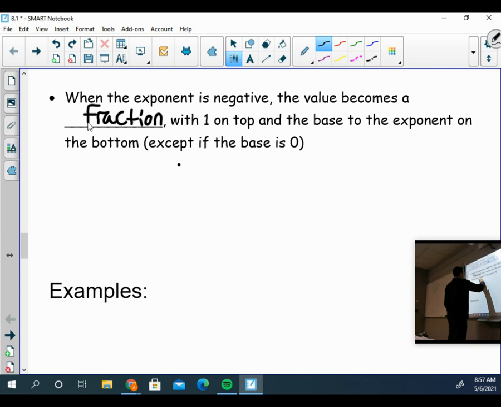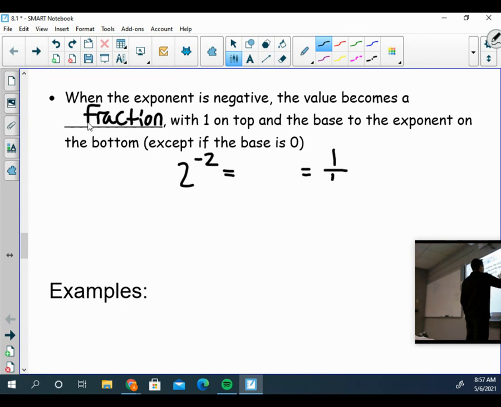If I have 2 to the negative second, that value, which we know is 1/4 from previous examples above, will be a fraction with 1 on top and the base to the exponent that's positive on the bottom.